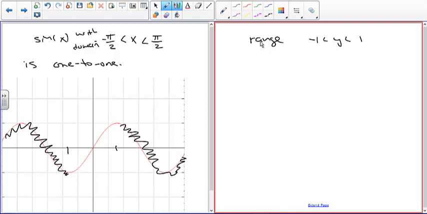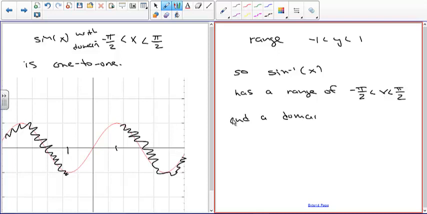So what I can say about the inverse sine, or the arc sine, is that the inverse sine of x, or whatever you want to call it, has a range of negative pi over 2 to positive pi over 2, and a domain of, actually I guess I should say y here, the domain is from -1 to +1.